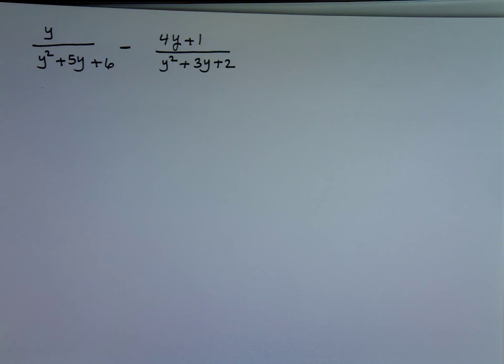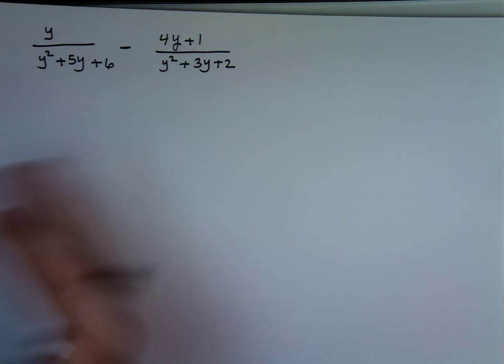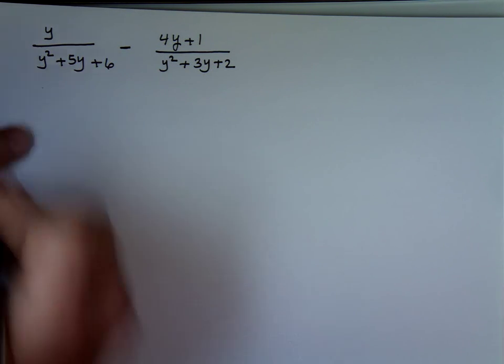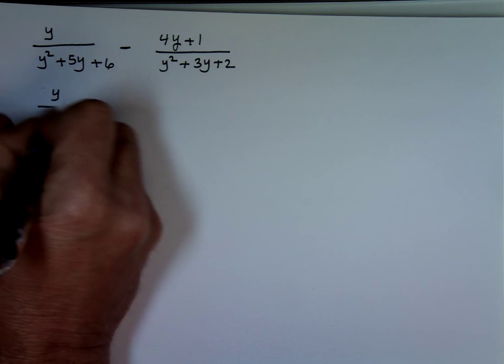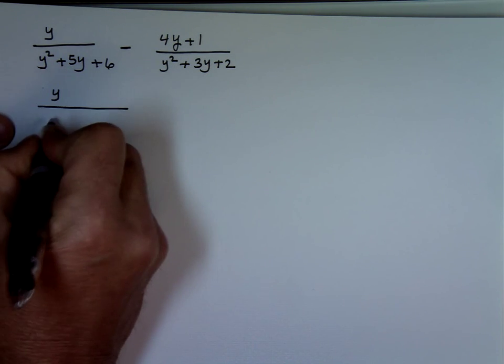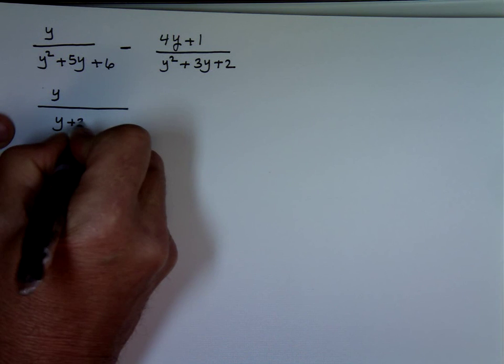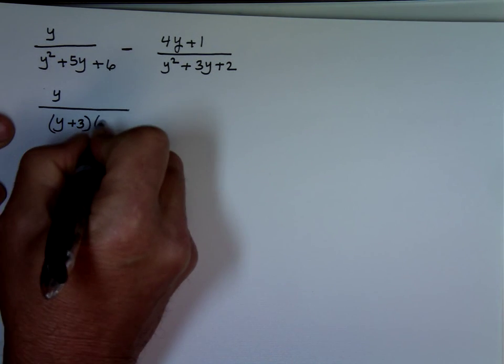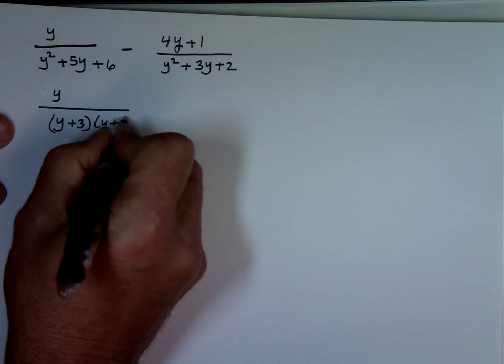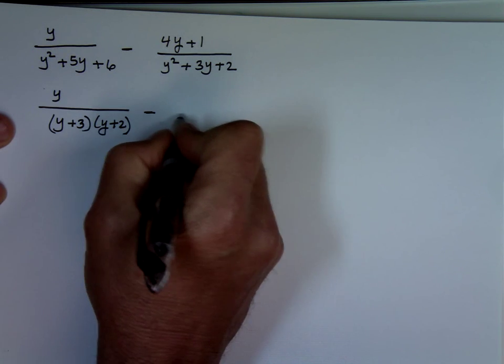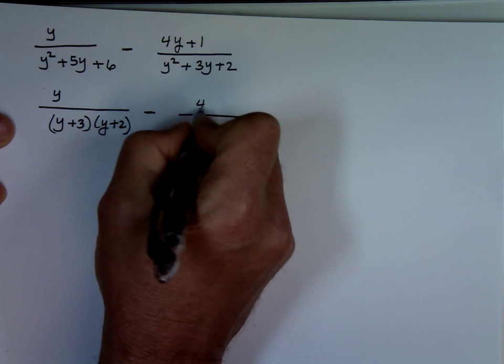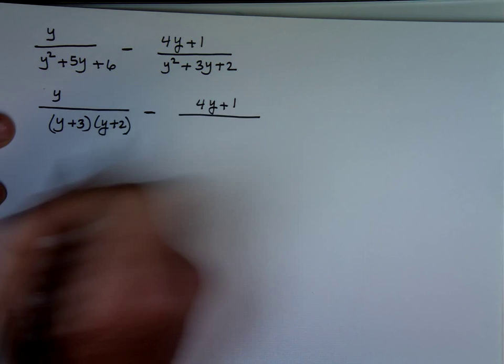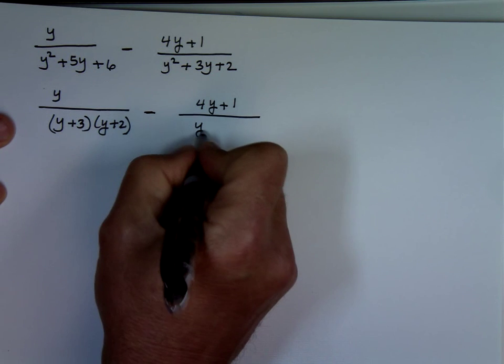This could end up being a little bit big there. So let's factor each one. This one will be y plus 3, y plus 2. Here's the minus. This will be y plus 2, y plus 1.